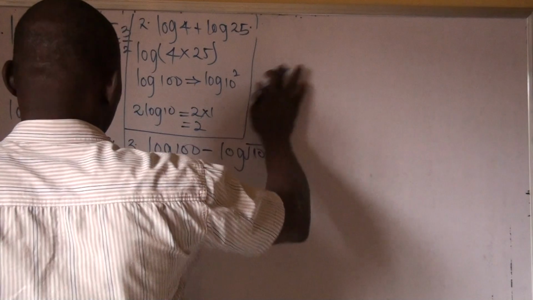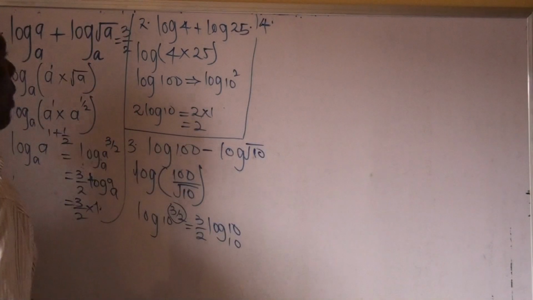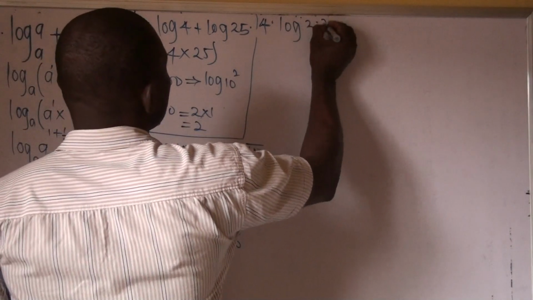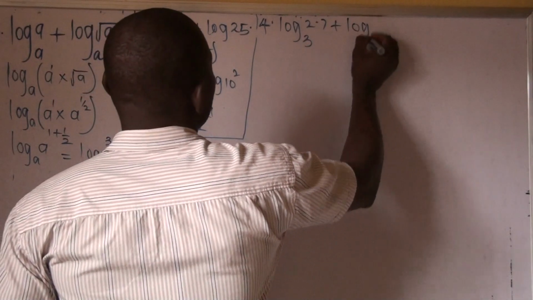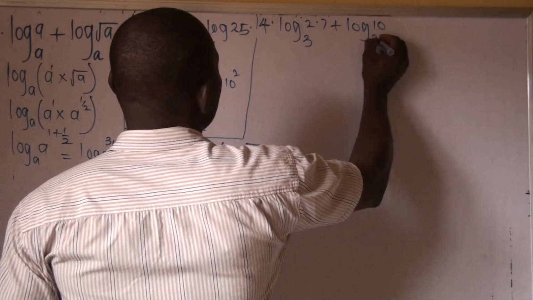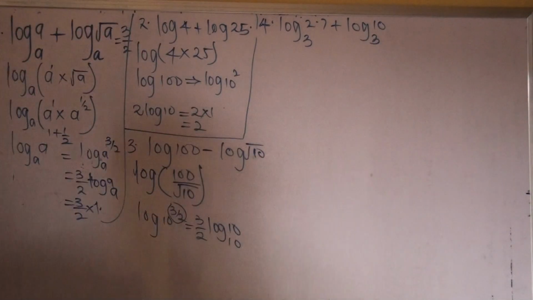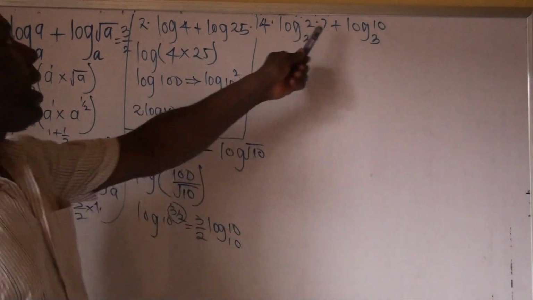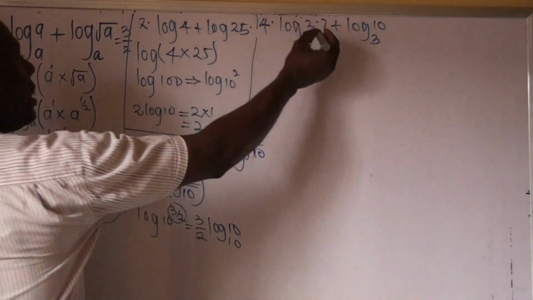Question 4. Evaluate log 2.7 base 3 plus log 10 base 3. Here we see that the bases are the same, but we need to look at the sign, which is very important.